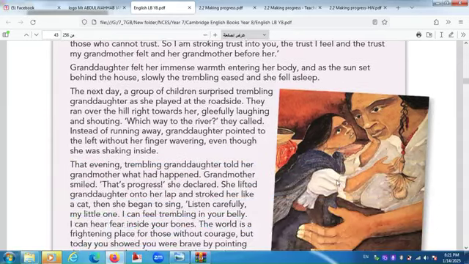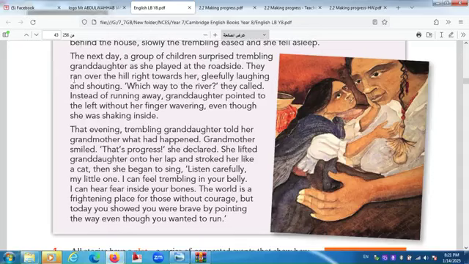The next day, a group of children surprised trembling granddaughter as she played at the roadside. They ran over the hill right towards her, gleefully laughing and shouting, "Which way to the river?" they called. Instead of running away, granddaughter pointed to the left without her finger wavering, even though she was shaking inside. That evening, trembling granddaughter told her grandmother what had happened. Grandmother smiled.